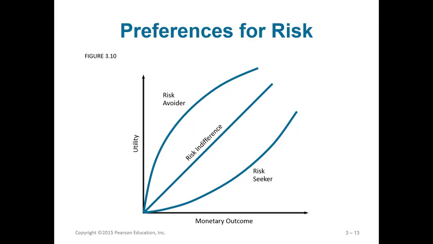It doesn't show how many people value risk or are risk averse, but rather it shows that people who are risk avoiders, those that are risk averse, would find more utility in monetary outcome as the risk has increased, would find more importance in the monetary values here, but that would start to flatten out.